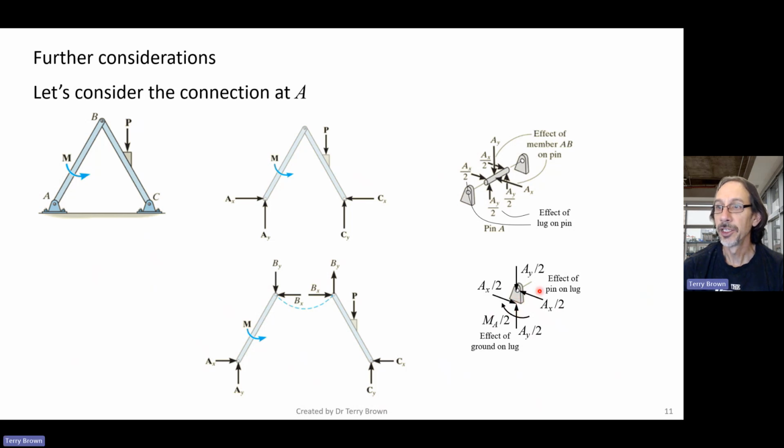You can imagine that this lug here is welded to the top of this base plate. So there's a moment load in this weld. If you don't include this, and you're doing analysis of the welded connection here, you need to include this moment load.